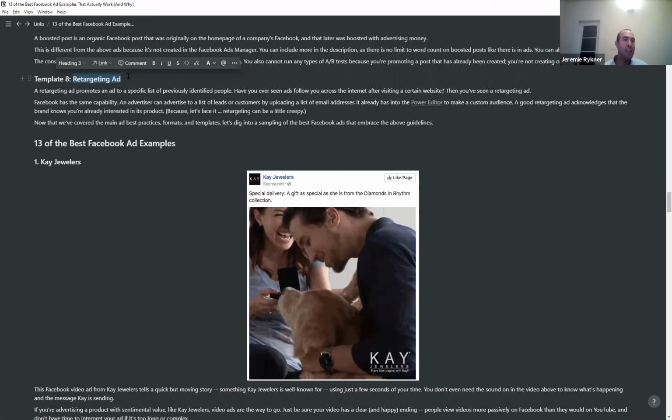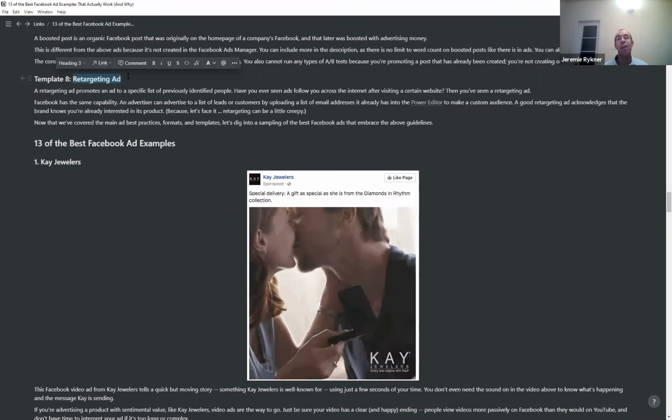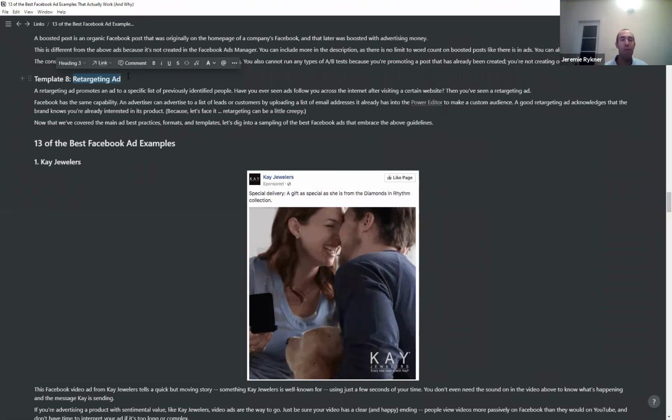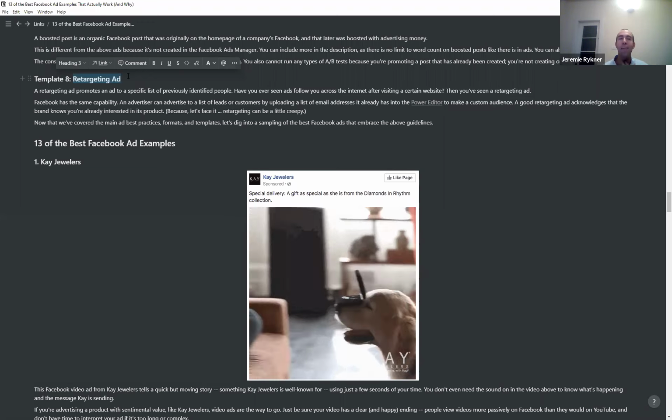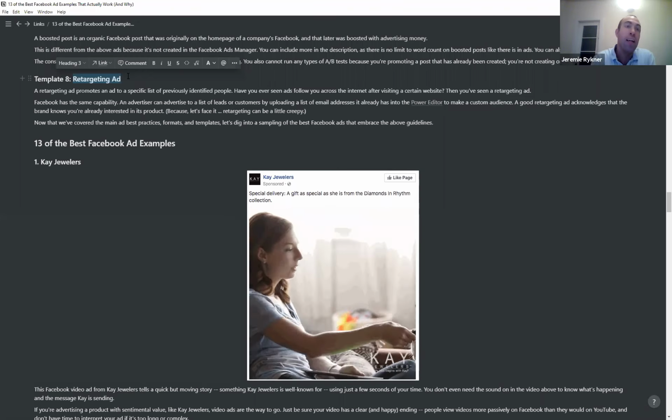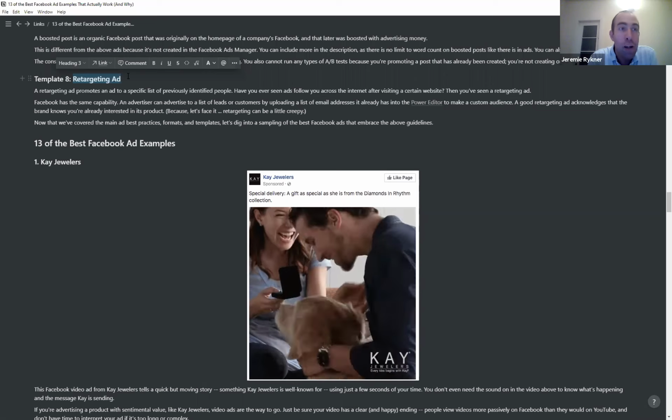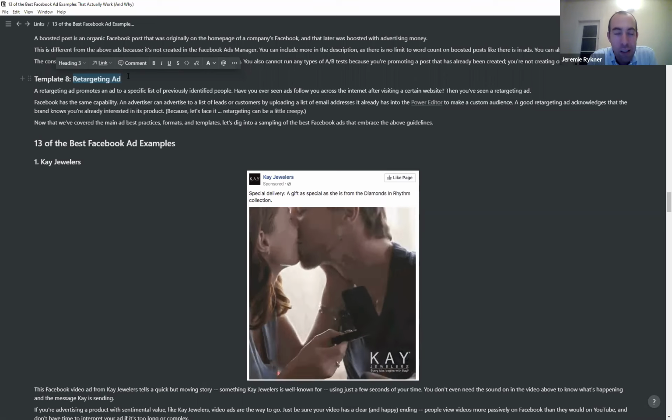Of course, the more expensive your product or service is, the more times you'll have to target them and get their trust, get their attention, and get their interest to eventually convert into buyers.